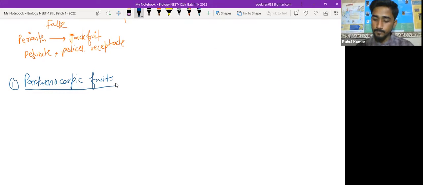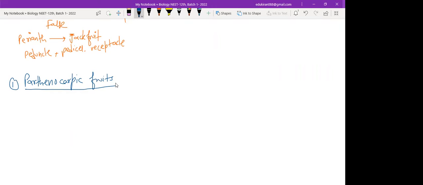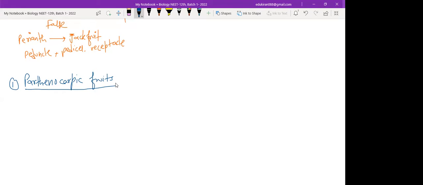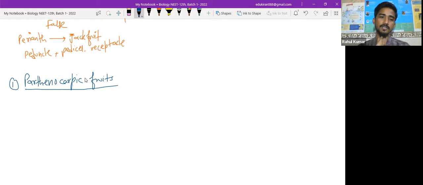The fruits which do not go under fertilization. Yes, development of fruit without fertilization is called parthenocarpic fruits. Most of the time, fruits which develop without fertilization, which are parthenocarpic fruits, are false fruits.